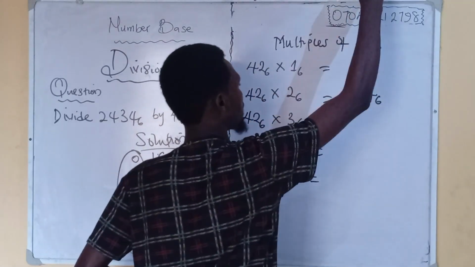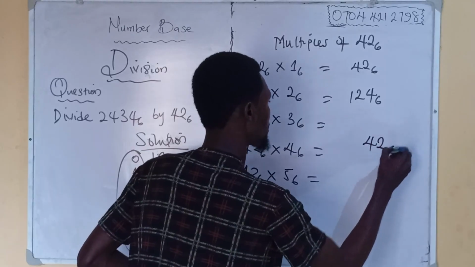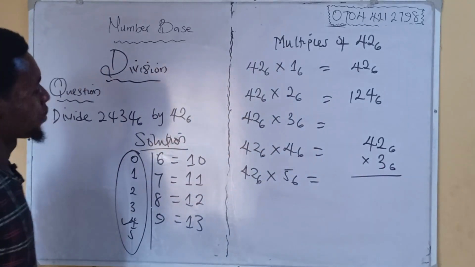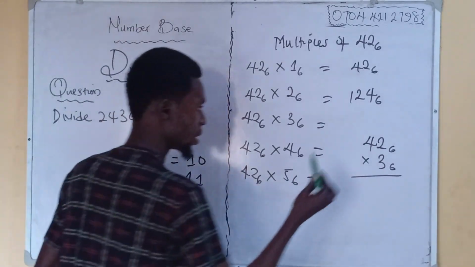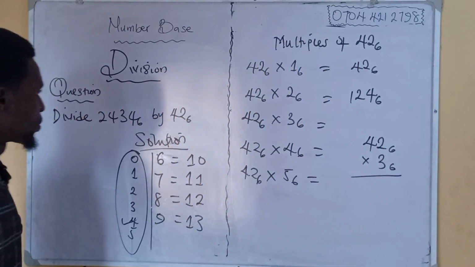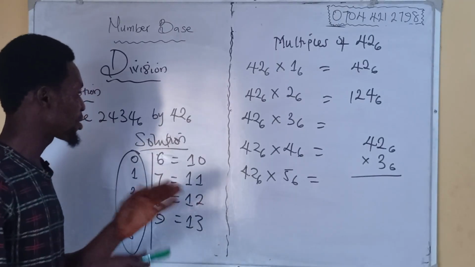So you also multiply this other one, 42 base 6 by 3. 3 times 2 is 6.